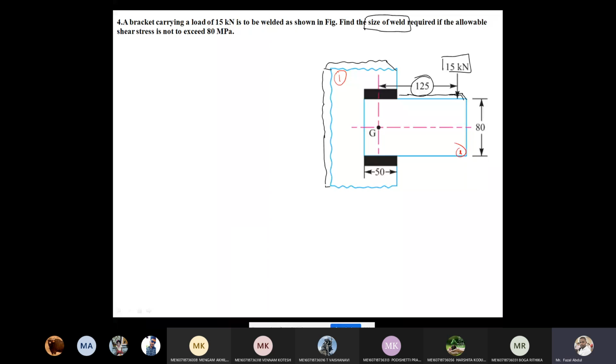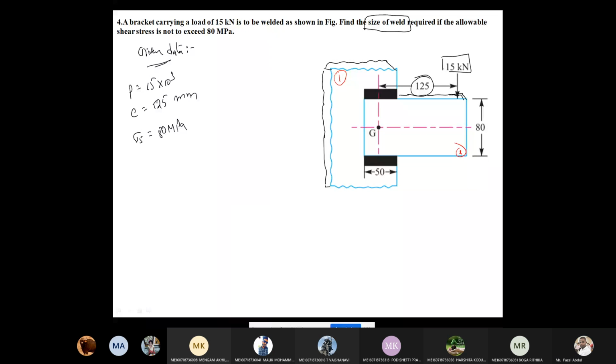Here also, S value how much. So first, write the given data. Load is given as 15 into 10 to the power of 3 and eccentricity is given as 125, and shear stress is given as 80 megapascal.